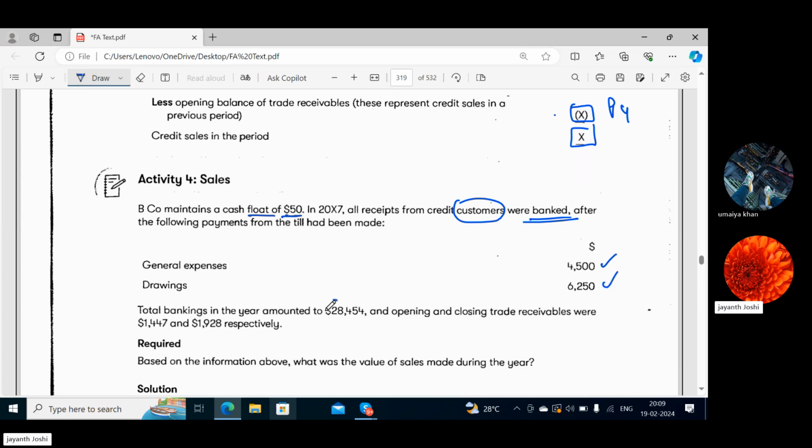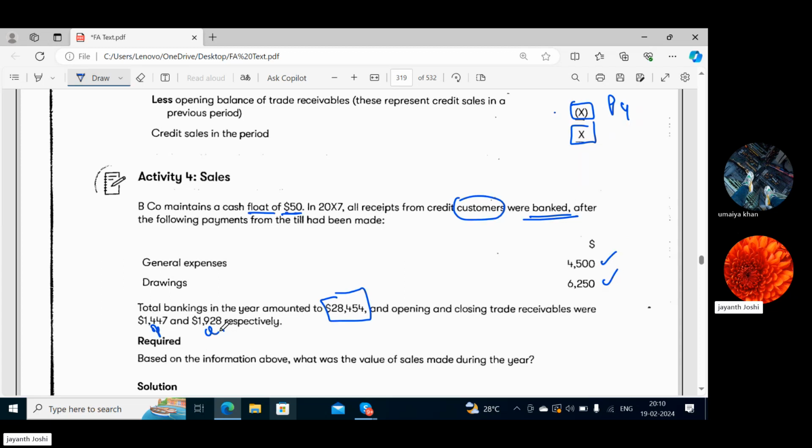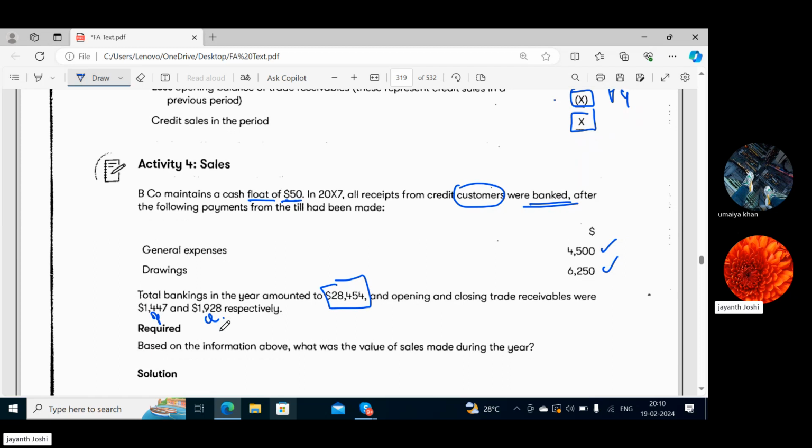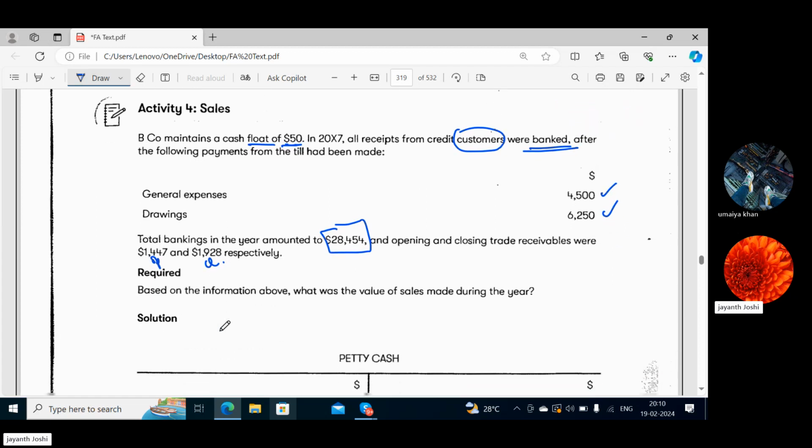Total bankings in the year amounted to 28454. Opening and closing receivables are given. Based on this information, we have to find the value of sales made during the year.